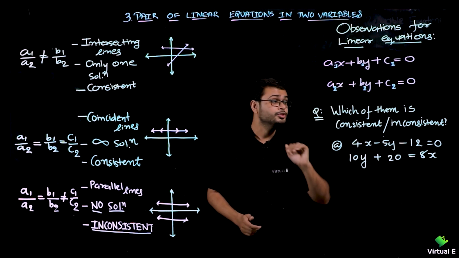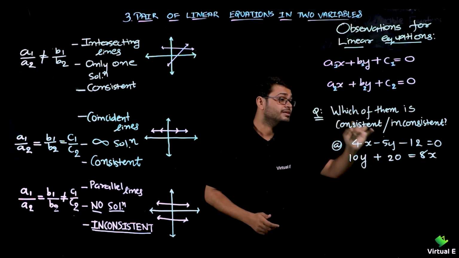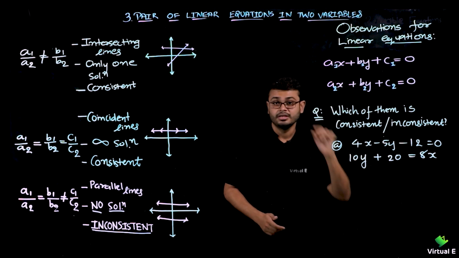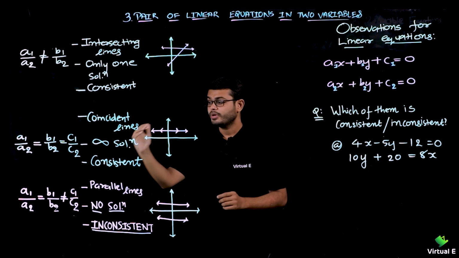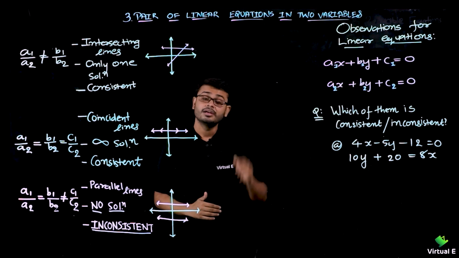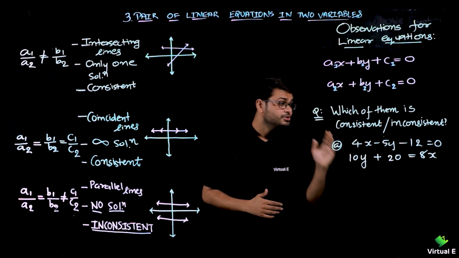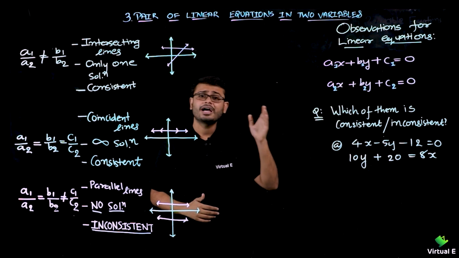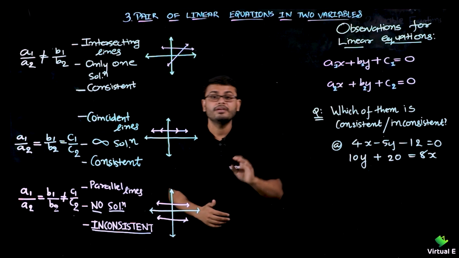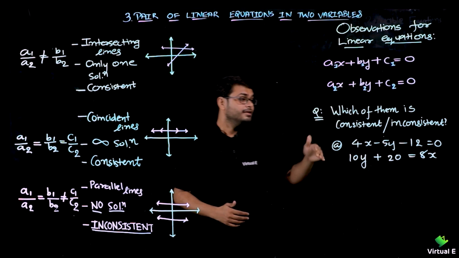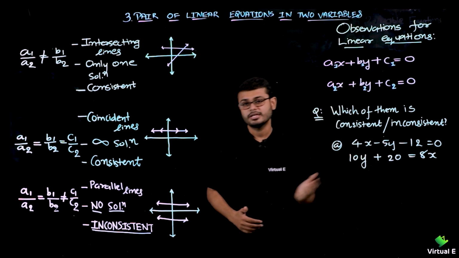And if you see the question, which of them is consistent or inconsistent? So we are not going to judge that either they are intersecting, coincident or parallel lines, but we are only going to judge that are they going to have any kind of solution, maybe infinite or only one, or either they are not going to have any solution.